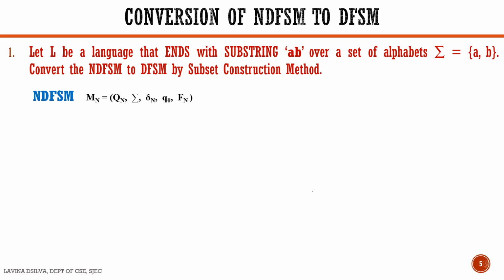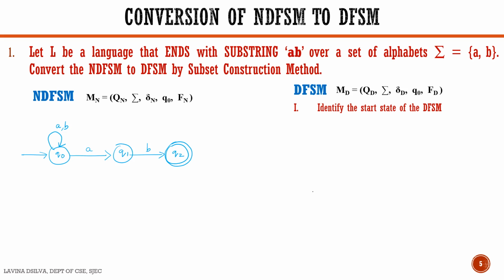We first will identify the start state of our DFSM, and we know that if Q0 is the start state of our NFSM, then Q0 will also be the start state of DFSM.